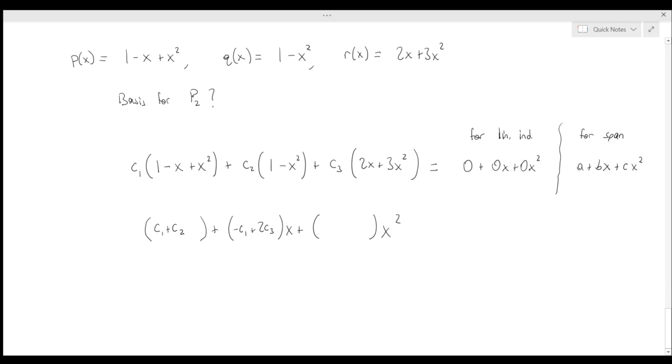And then for all the terms with an x squared, we're going to have C1 x squared, a minus C2 x squared, and then a plus 3 C3 x squared, okay?